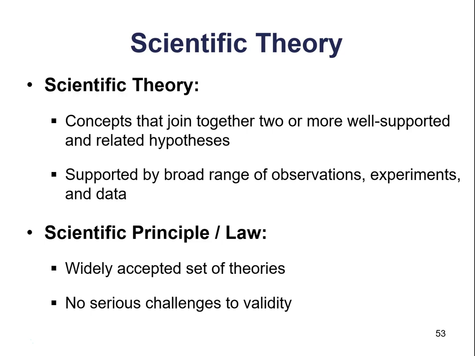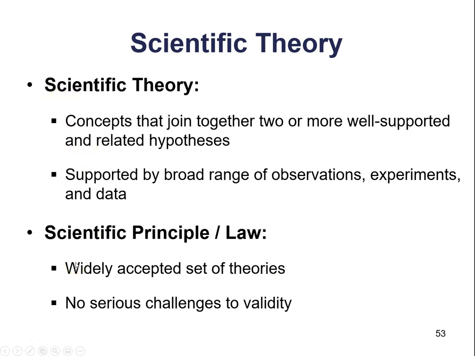Okay, so it says concepts that join together two or more well-supported and related hypotheses. Again, these hypotheses have to be supported many times, and there has to be lots and lots of published data from many different labs before something could even think about becoming a theory. Okay. And so that's what this is telling you here.